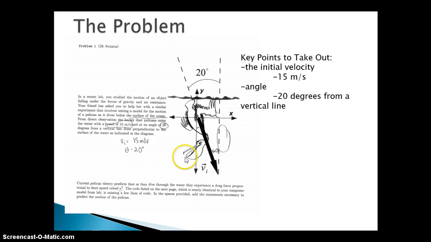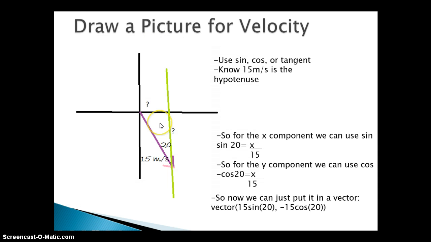After we read the problem, the key points we took out is the initial velocity is 15 meters per second, and it is at an angle of 20 degrees from this line. Therefore, we can do some trig to get the components of the velocity in the y direction and in the x direction. What I do when I start coding problems is that I draw a picture.